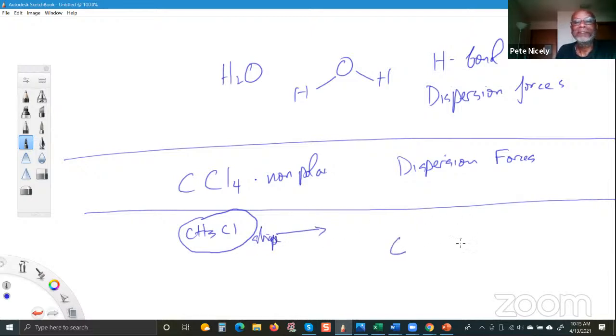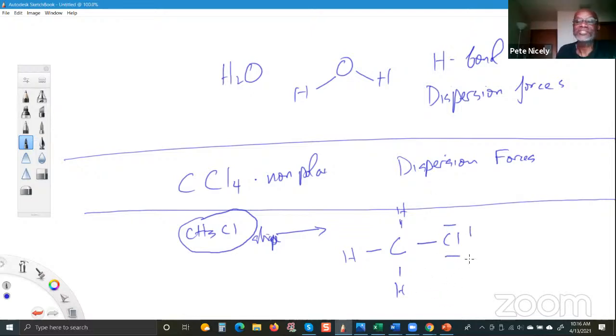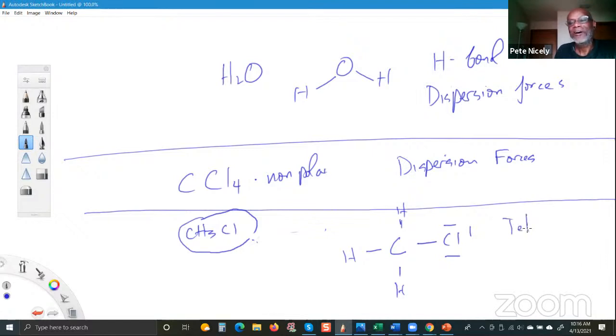You have carbon bonded to hydrogen, chlorine, hydrogen, hydrogen. That's a Lewis structure of this molecule. You have some lone pairs of electrons here, but that's a Lewis structure. So what's the shape of this molecule? Like a tetrahedral pyramid? Exactly. Tetrahedral.